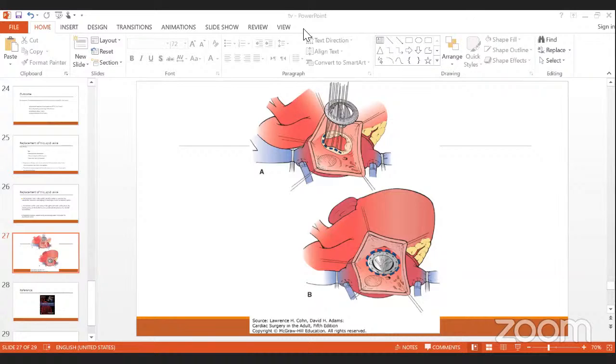Another point in all the literature: for secondary TR after left-sided heart intervention, either mitral or aortic valve, the morbidity and mortality of that redo is higher than when you address it or solve the problem from the beginning.